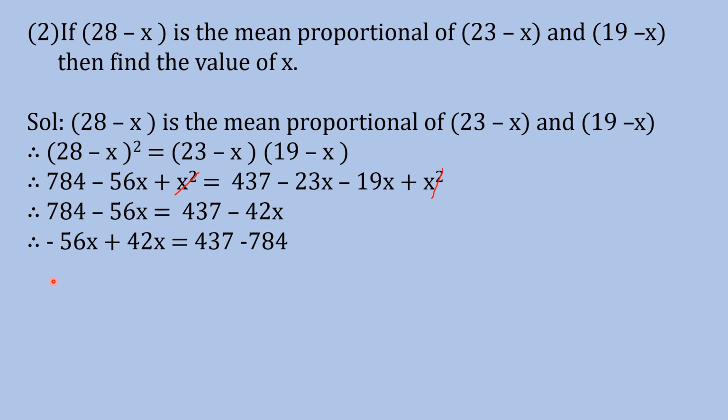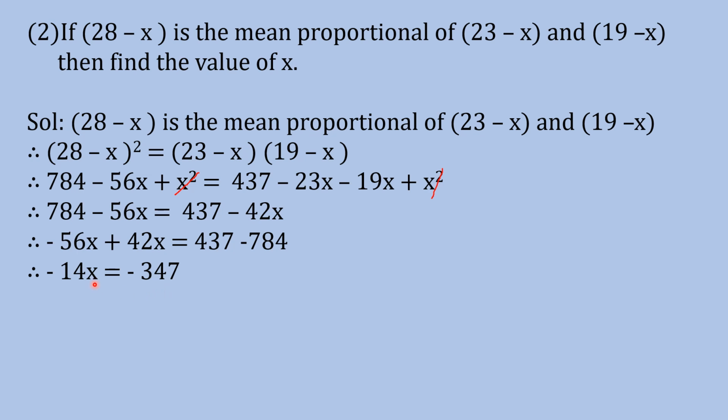So minus 56 plus 42, you'll do subtraction and you'll find that it is minus 14x equal to 437 minus 784. When you subtract this, the sign will be minus because the number 784 is greater. So the operation will be subtraction, but the sign will be negative. So you'll get minus 347 after doing 437 minus 784.